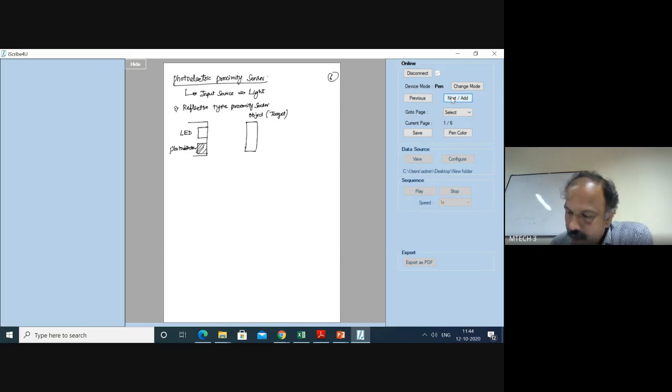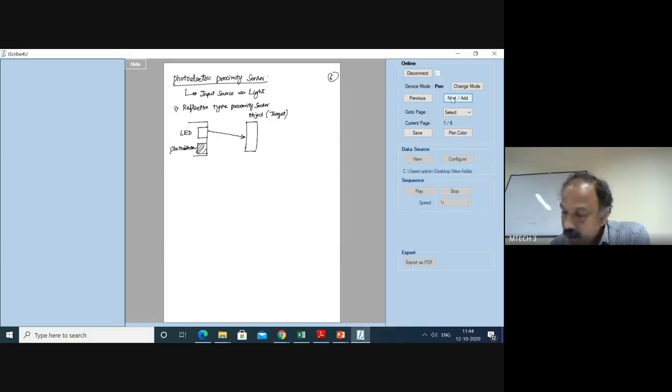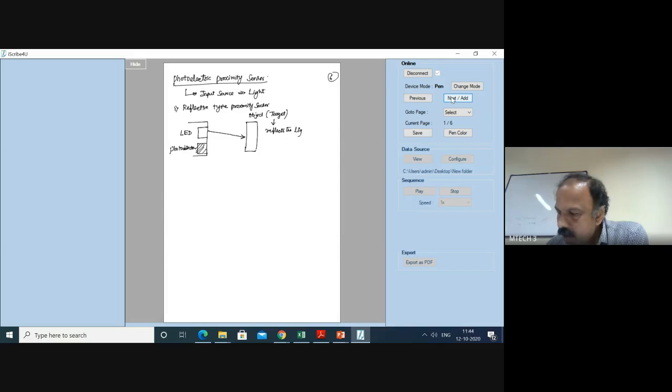When the light is emitted, it falls on the target. Then what does the target do? The target reflects the light. The reflected light will be reflected back to the photo detector.